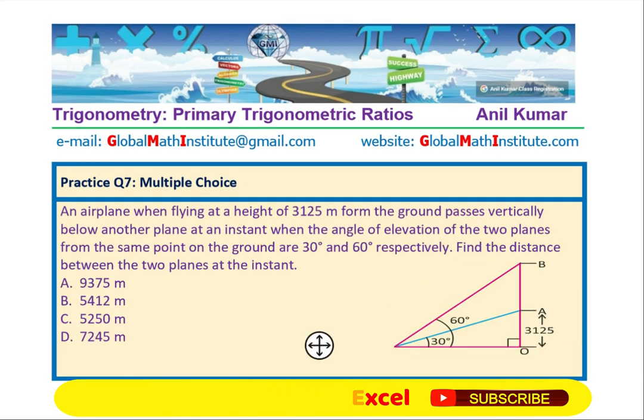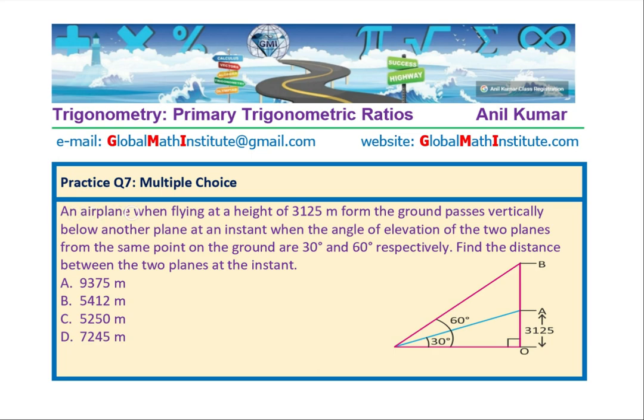Here's question number 7, a great word problem. I'd like you to pause the video here and read it. An airplane, when flying at a height of 3125 meters from the ground, passes vertically below another plane at an instance when the angle of elevation of the two planes from the same point on the ground are 30 degrees and 60 degrees respectively.